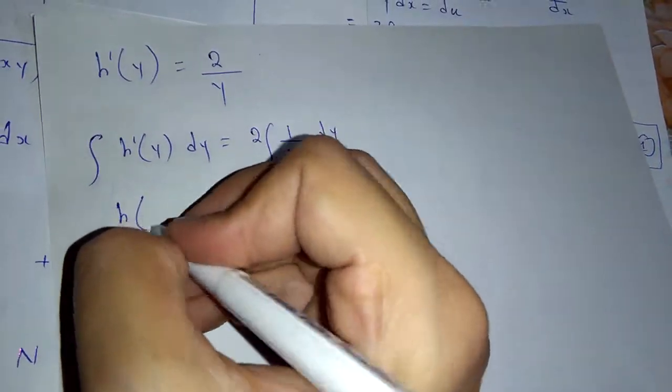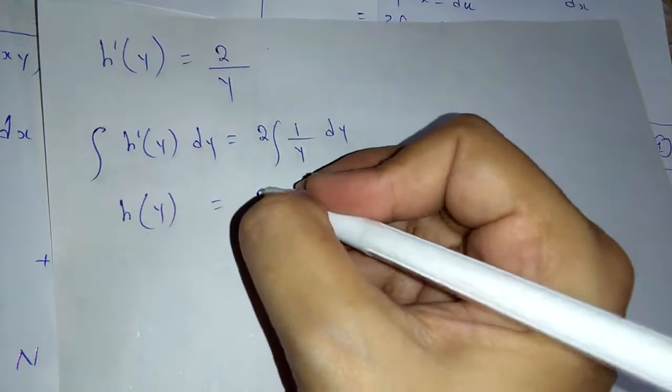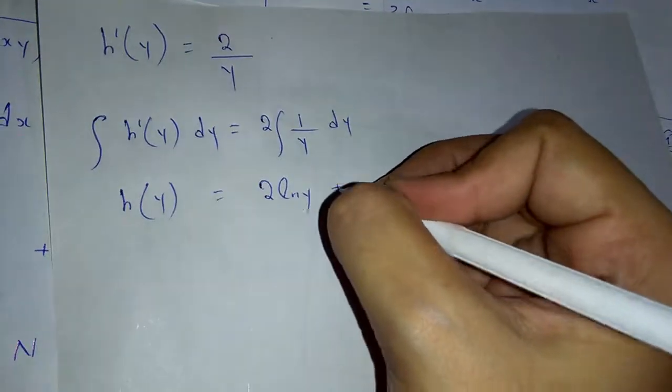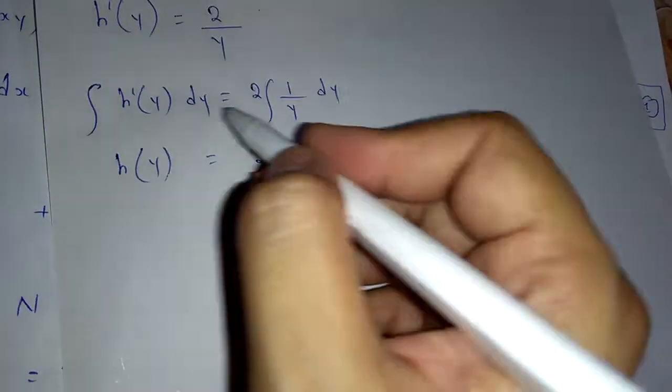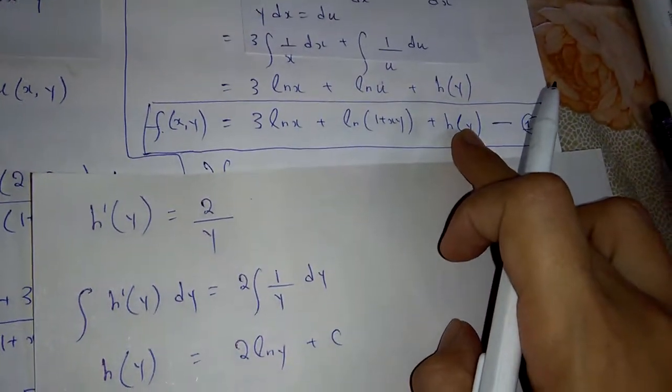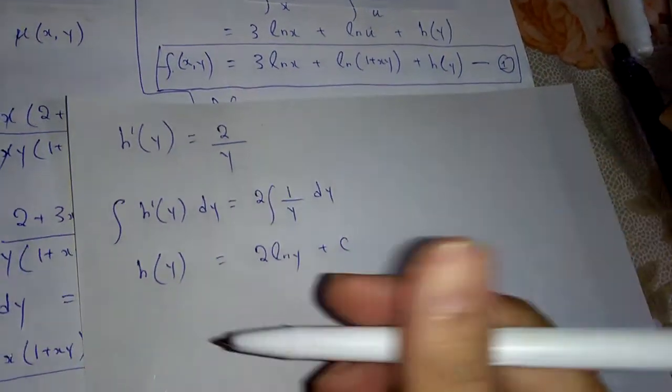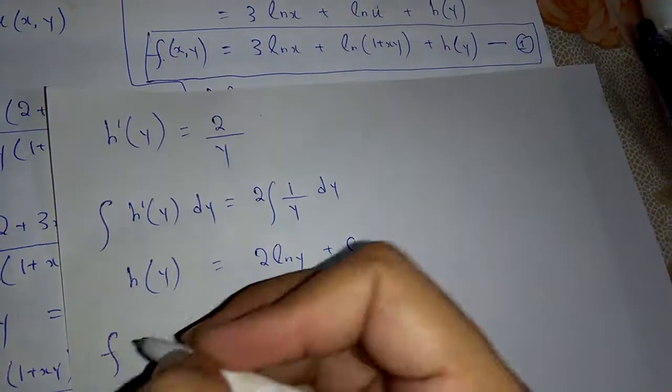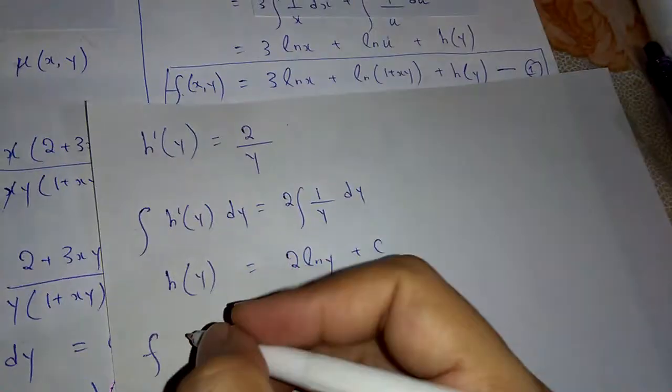Now we are going to get h of y back plus some constant. We are going to substitute this h of y value exactly over here, and this is going to give us the function which is the solution of this differential equation.